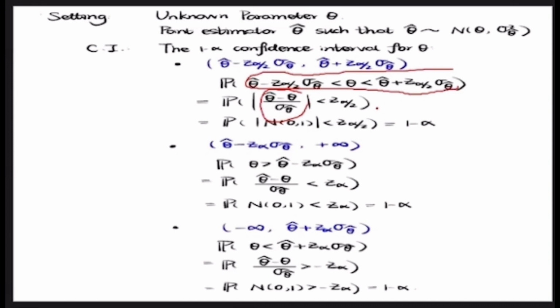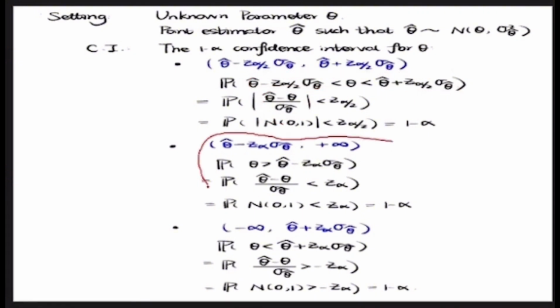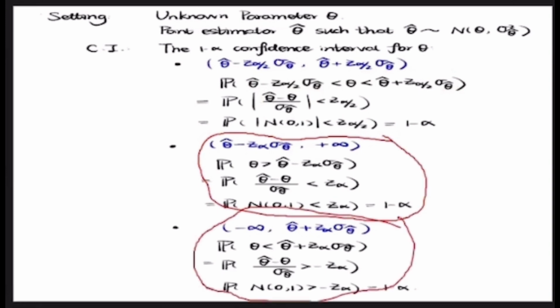You remember the very first one that we did is actually a two-sided confidence interval. If we have a two-sided confidence interval, we're also going to have two-sided hypothesis testing. Then if you take a look at the second one, you remember we considered the upper confidence interval and the lower confidence interval before.